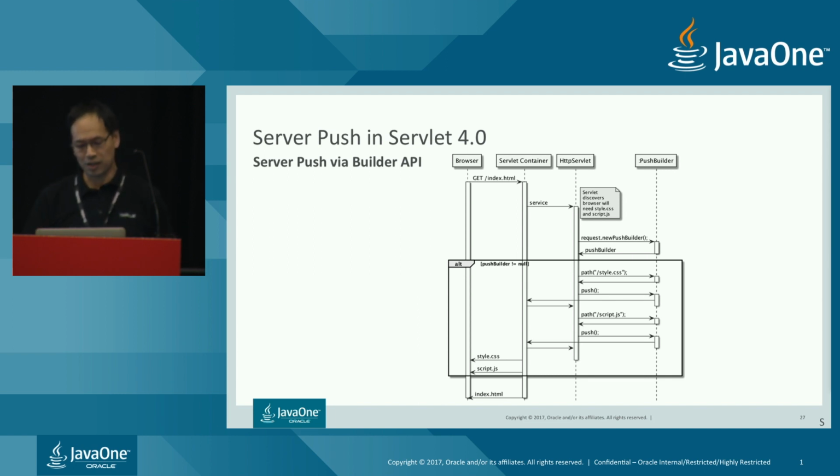First, you get a new push builder, and once you get this, it returns an object, and you have to check whether this is null or not. Once you know that this is not null, then you can start to use it. Then you can set the path, and then push.